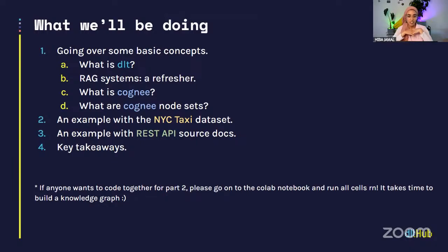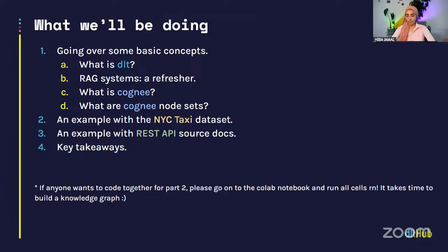I assume that some of you may already have worked with RAG systems and some not, but for everyone it will either be a refresher or an introduction. Then we will go into what Cognee is, which is the other tool that we'll be using, and another very core concept of Cognee that we will be exploring, which is node sets.